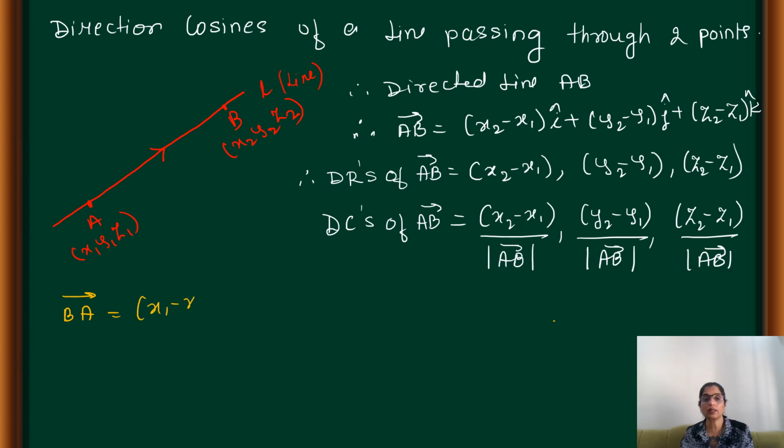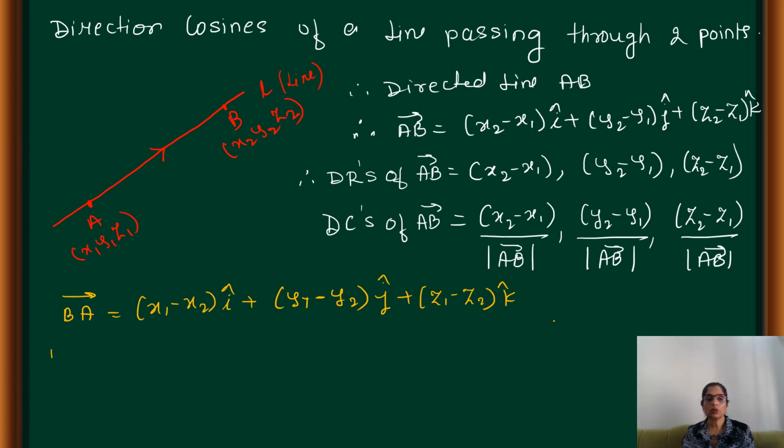It will be x1 minus x2 i cap, plus y1 minus y2 j cap, plus z1 minus z2 k cap, correct?